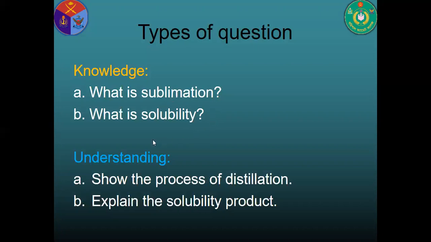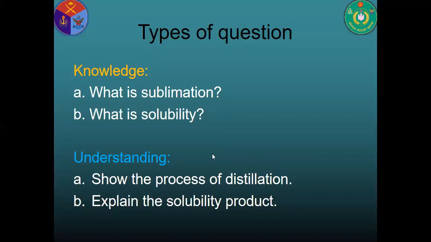What is solubility? Solubility is the number of gram moles of substance dissolved in 1 liter of solution to form a saturated solution at 25 degrees centigrade temperature. That means standard condition.